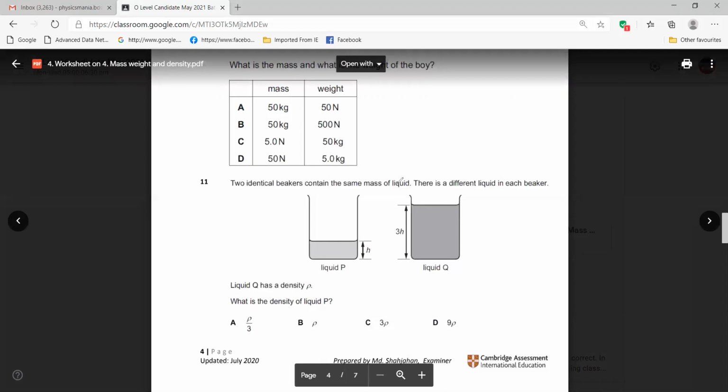They are saying both have the same mass, right? P and Q both have the same mass. So which one has more density, P or Q? If you have less volume but the mass remains the same, then which one has more density?